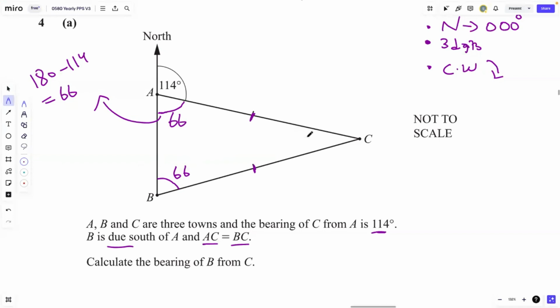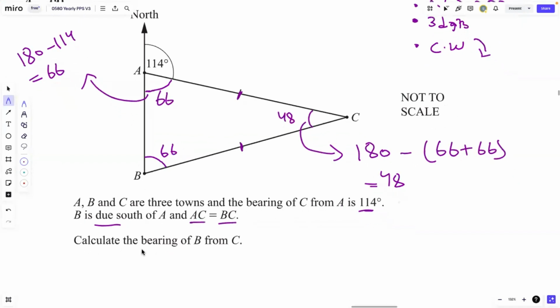And in a triangle, when you know two angles, you can always figure out the third angle. So that's just 180, the total sum of angles in a triangle, minus the other two angles. So that's 180 minus (66 plus 66). That's 48, the third angle of this triangle.